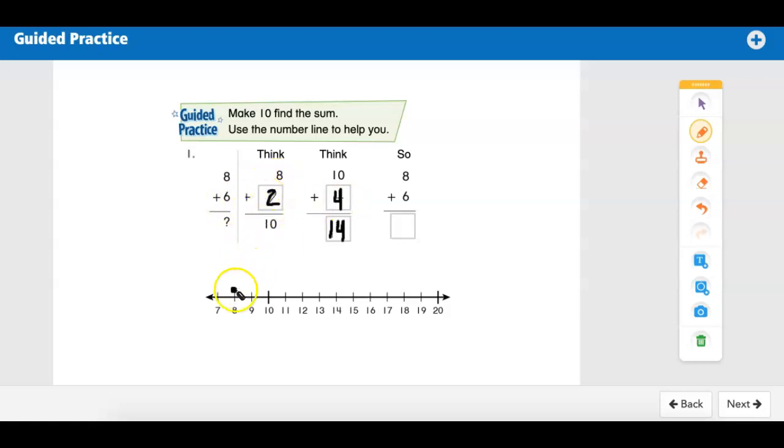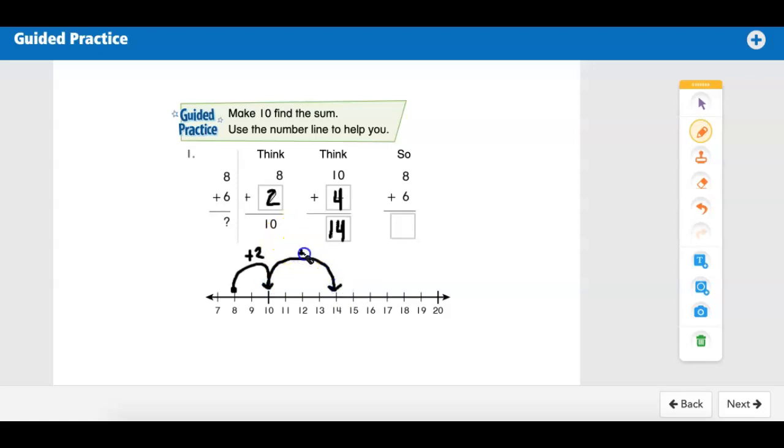So 8 plus 2, so I'm going to jump 2 spaces to 10. And now I need to add 4 more to 10. So I'm going to go from 10, jump 4 spaces.